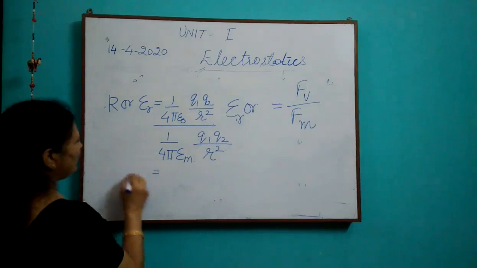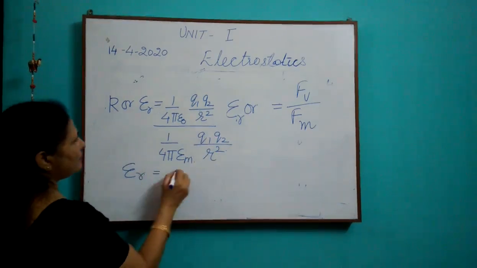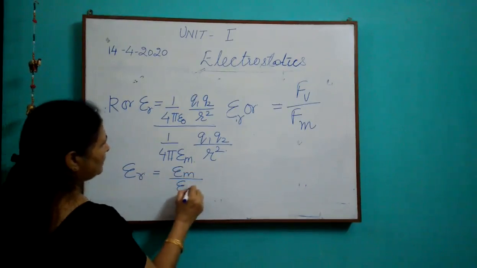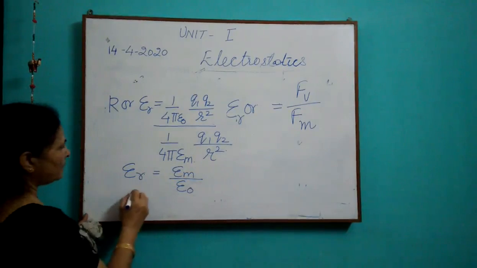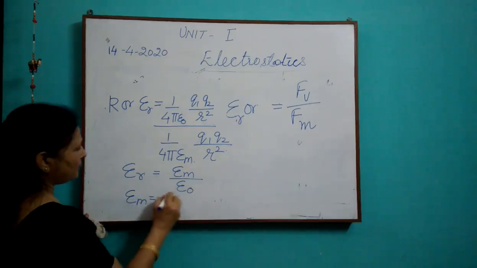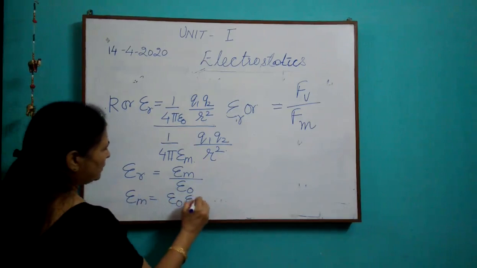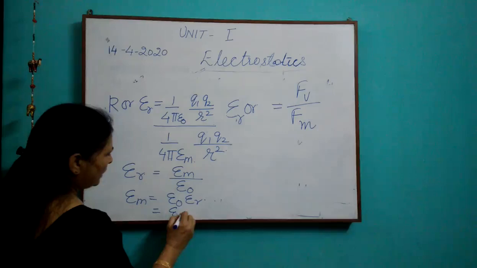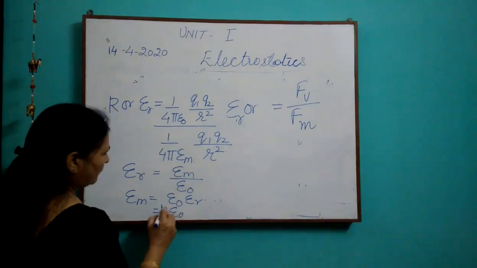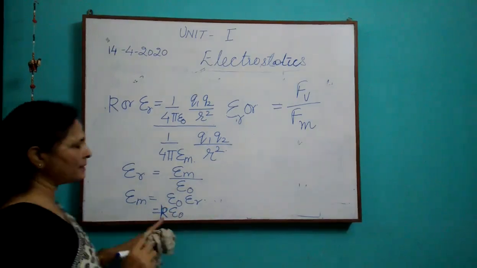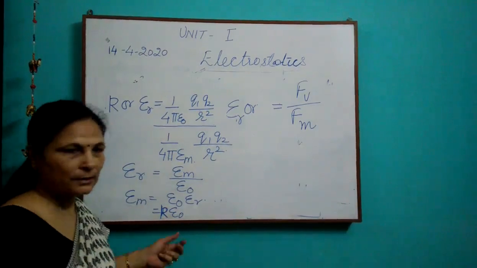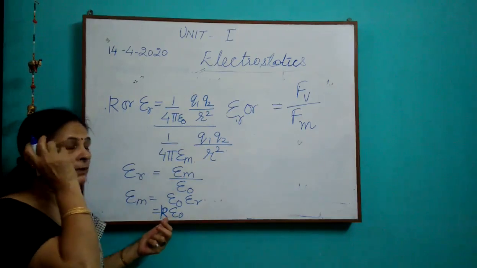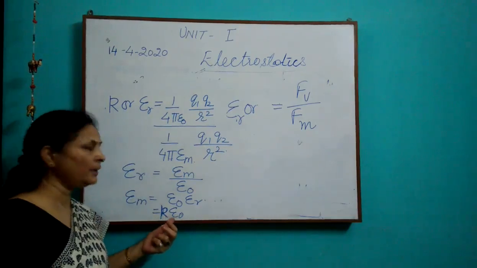This gives me epsilon R is equal to epsilon m upon epsilon naught. That means epsilon m is equal to epsilon naught times epsilon relative permittivity, or epsilon naught k if I take it as the dielectric constant. You can use it as capital K also, and the proportionality constant as small k can also be replaced.